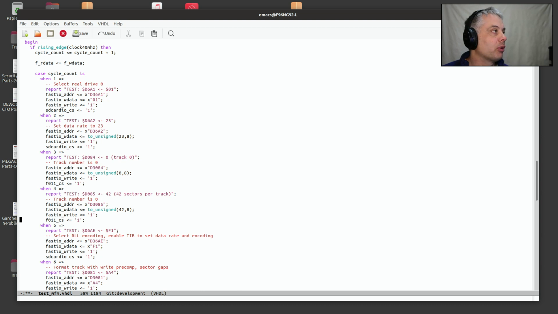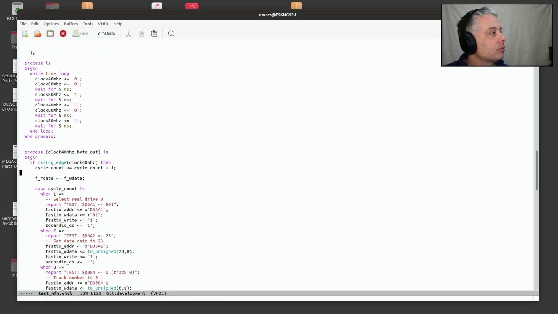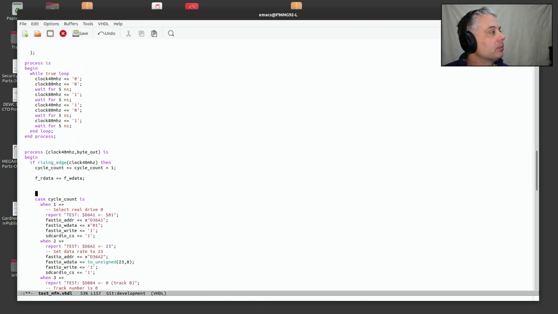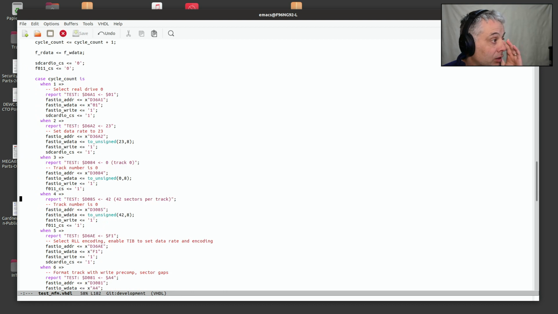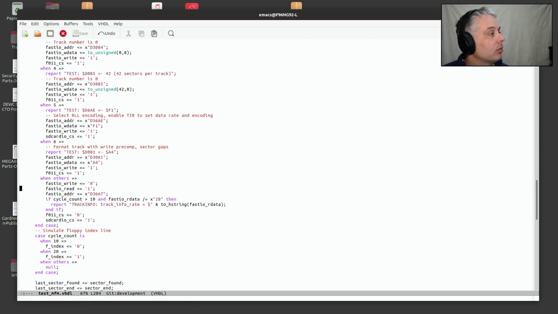So this is just purely for my test harness, right? SD card IO CS is equal to 0, F011 CS is equal to 0. So we just set the appropriate CS lines based on... Oh yes, okay, I was doing it like that.